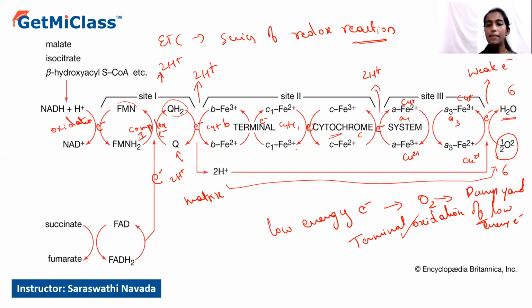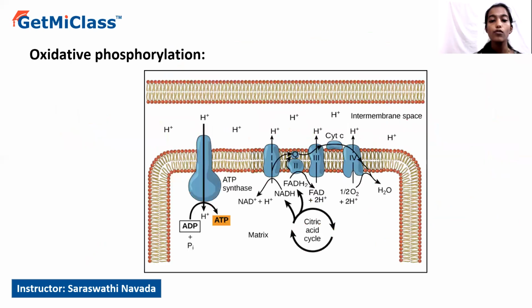So here the production of ATP can be explained by the process called oxidative phosphorylation, and this mechanism is explained through a hypothesis called chemiosmosis. The same process has been discussed in the case of photosynthesis also.